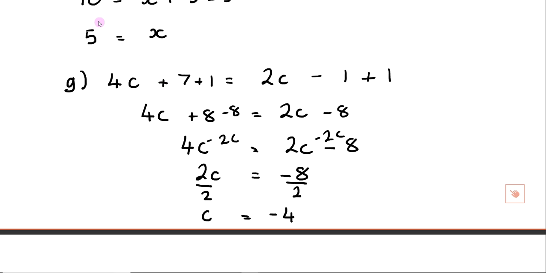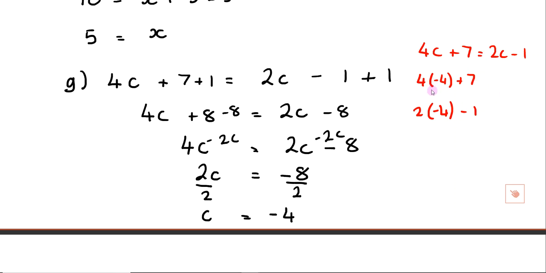Now, just to say to you, this next bit is why I really like my maths, because I know if I'm right. Because I started with 4c plus 7 equals 2c minus 1, and I know that now c is minus 4, so actually I can do 4 times minus 4 plus 7, and I can do 2 times minus 4 minus 1, and I should get the same answer because they're equal.